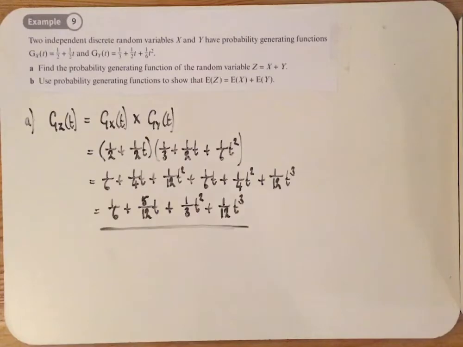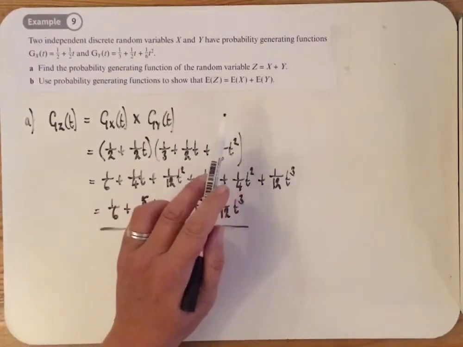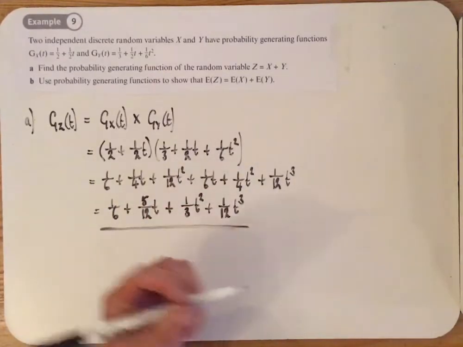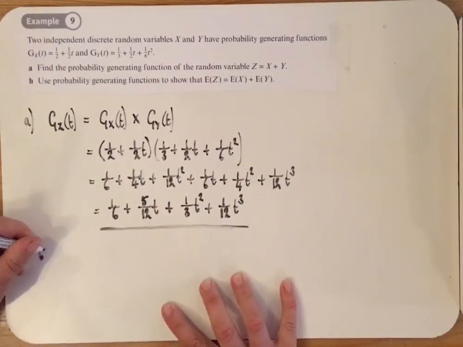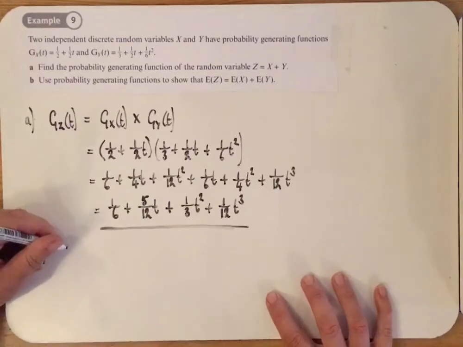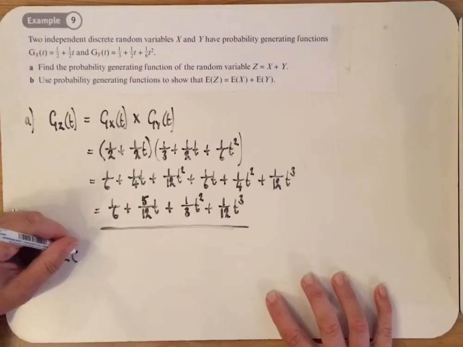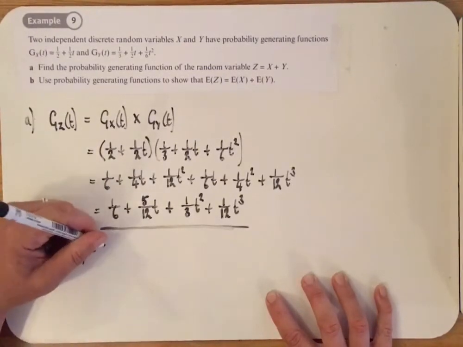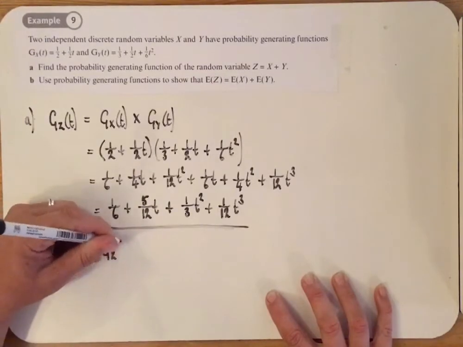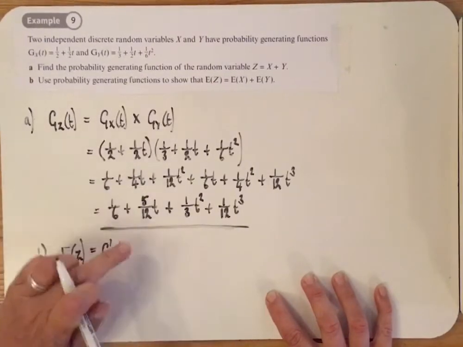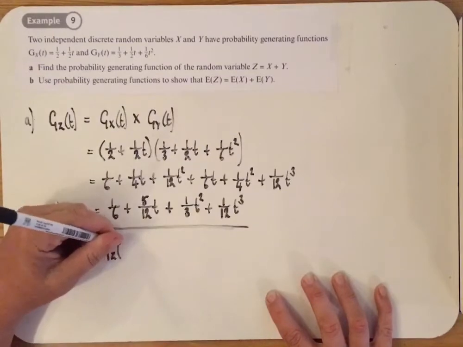And then we can use the probability generating functions to show that the expectation of z is the expectation of x plus the expectation of y. So again, there's nothing too complicated going on. To find the expectation of z, we need to differentiate and substitute in t is equal to 1.